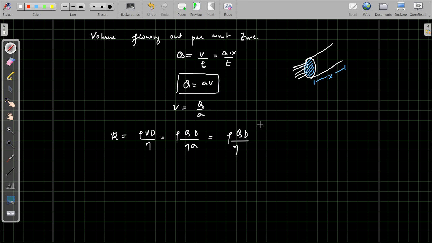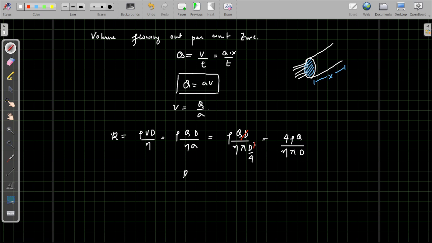The area would be pi d square by 4. So our expression further becomes, as you can see, one d will get cancelled out. So we'll be left with 4 rho Q divided by eta pi d.